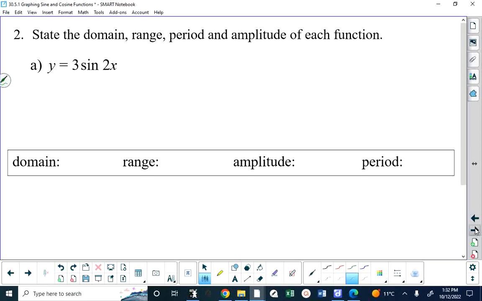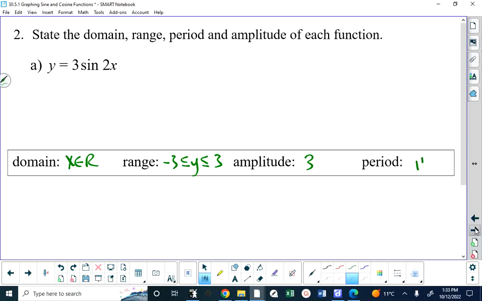So I'll give you a minute to fill them in, please. Is this as simple as it seems it should be? Okay. I just don't want to assume too much.